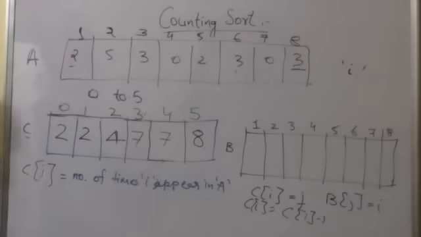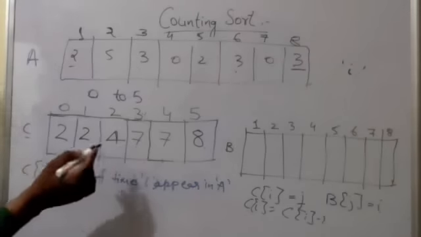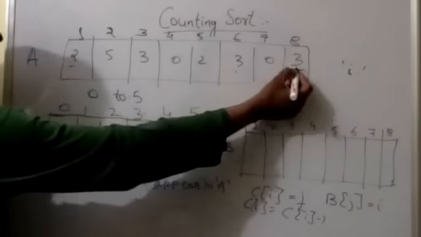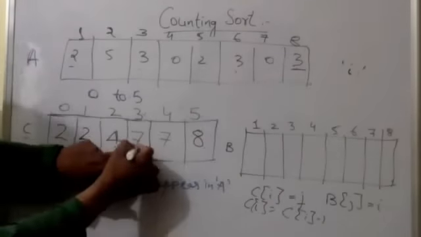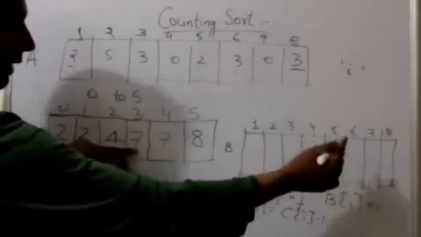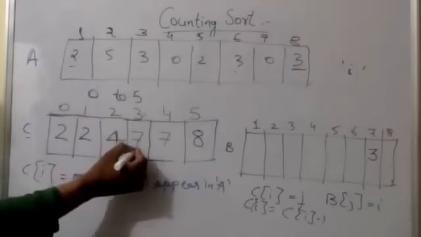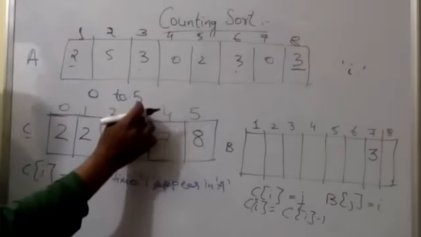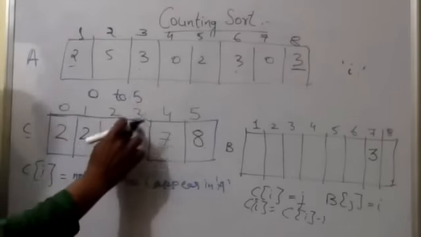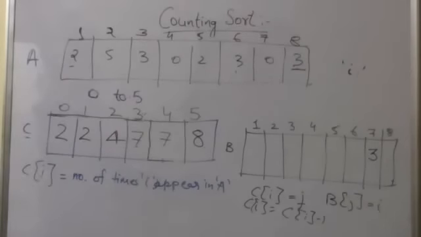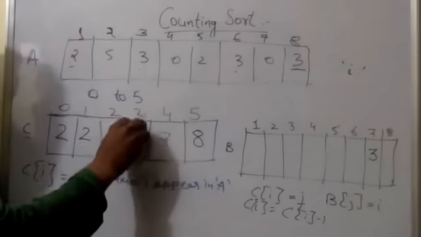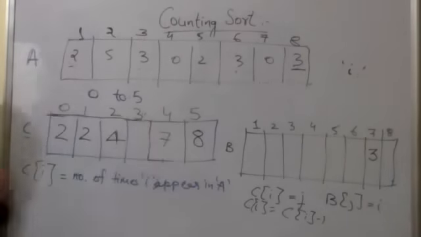So what will we do? We will store this value 3 at index 7 in array B, right? And we will decrease this value which is stored at index 3 in array C by 1. So here the value is 7, now it will become 6.